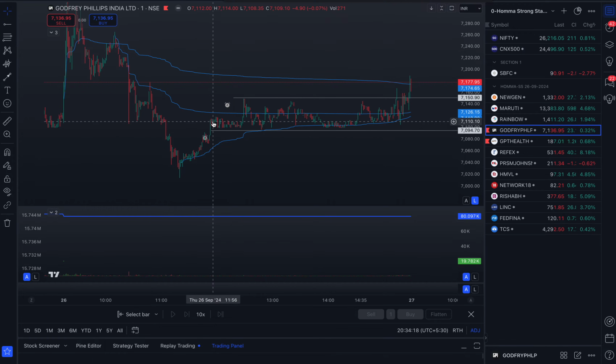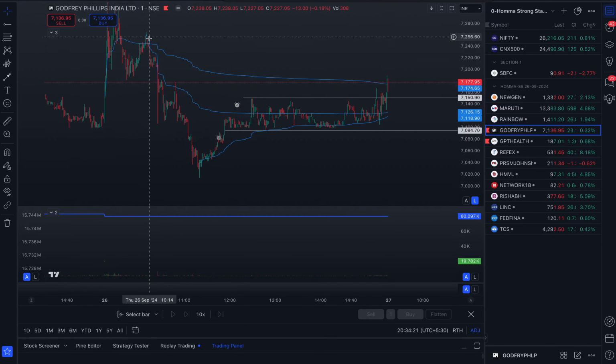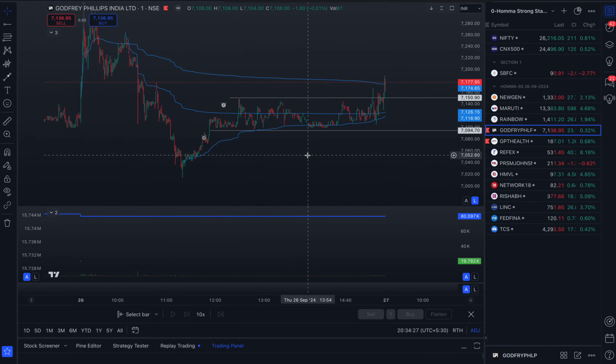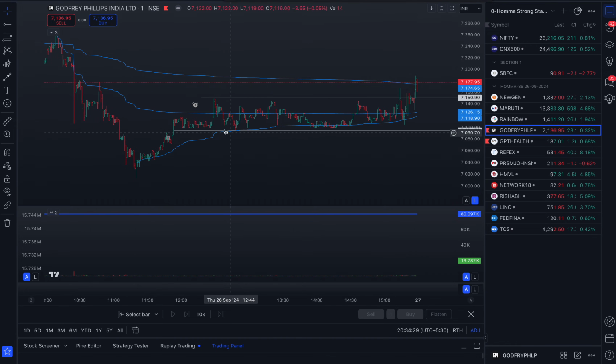Otherwise ये move नहीं आता. And then from this point it got a resistance यहाँ पे, and from this point onwards it basically pierced up. Now to be really honest, my buy was this.